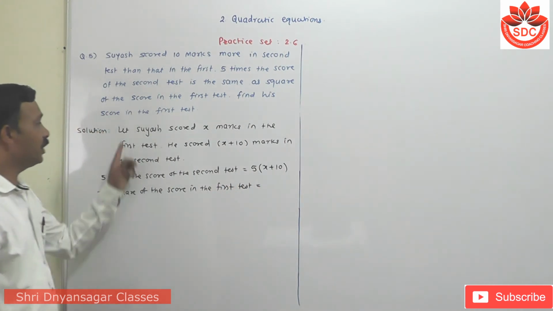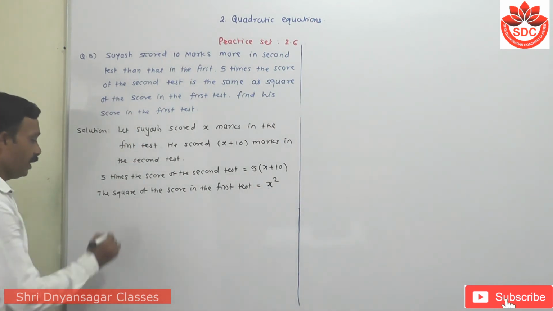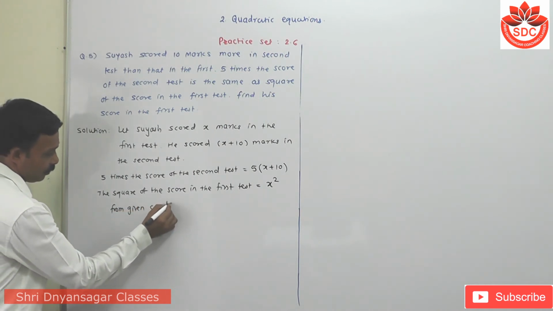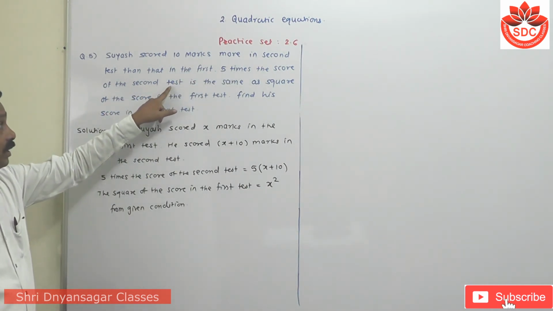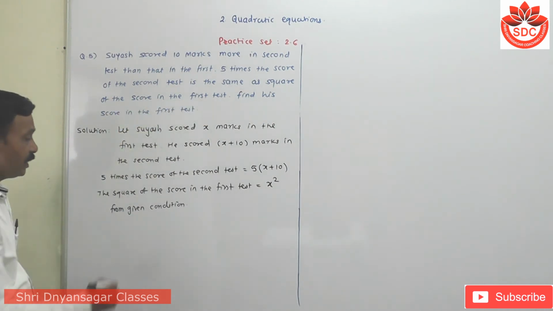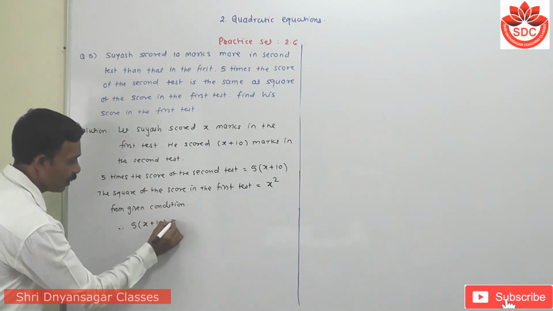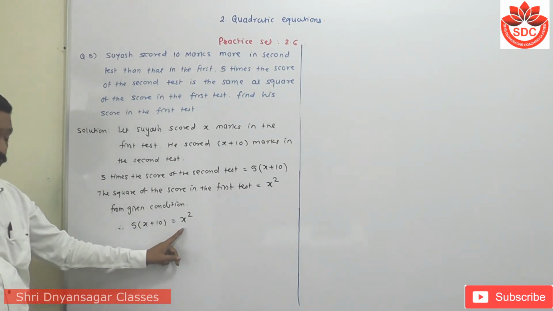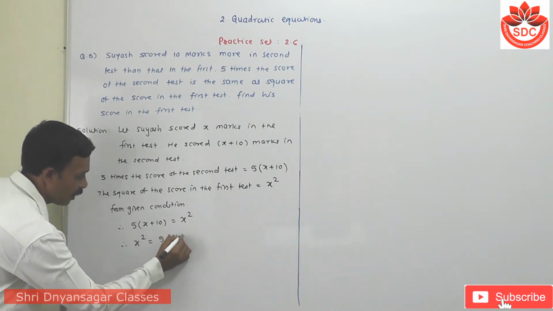So x square is equal to 5 in bracket x plus 10.